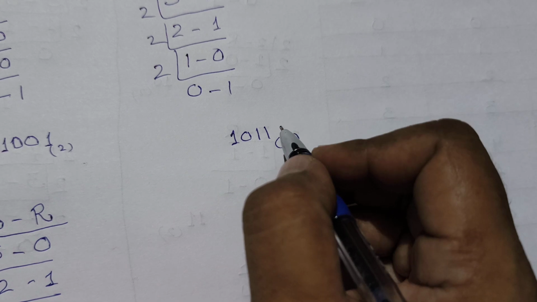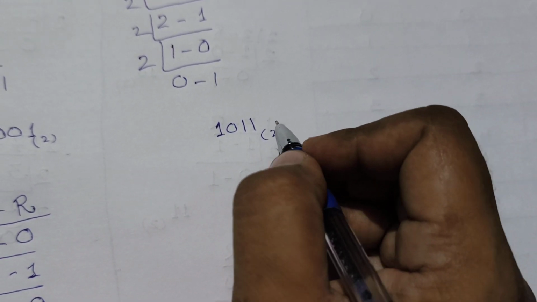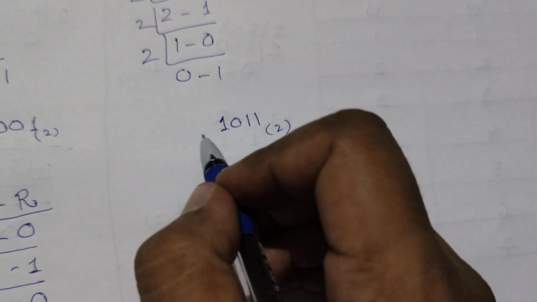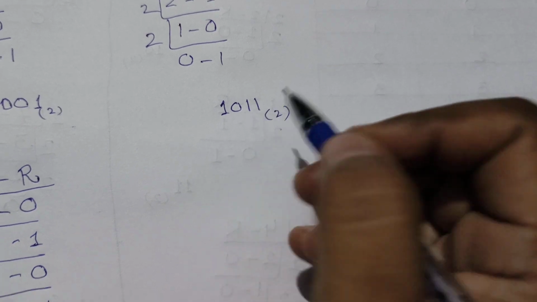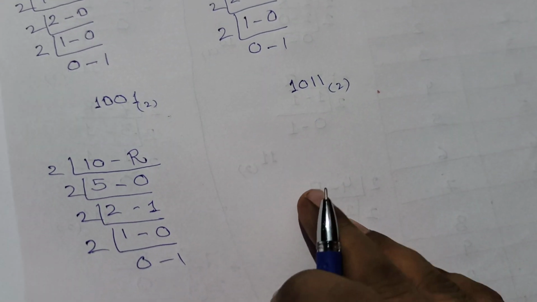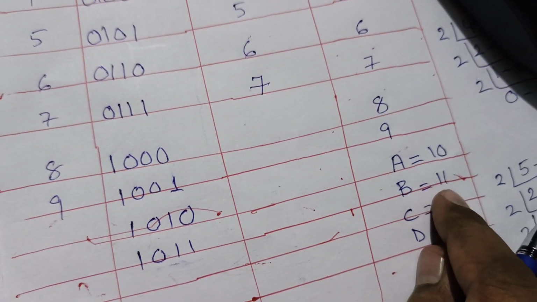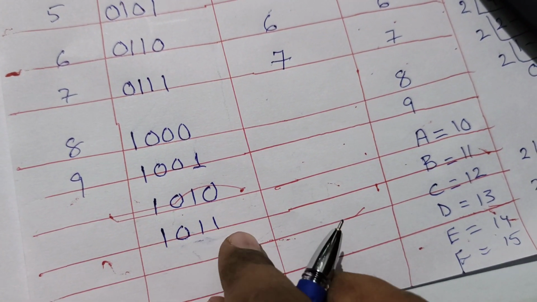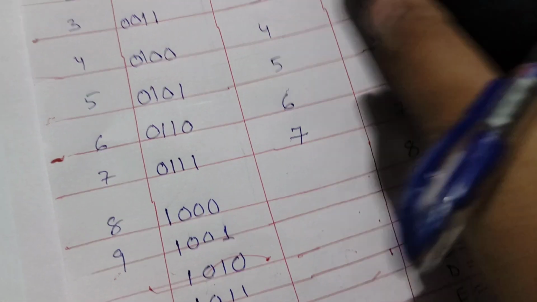So the right side value is known as least significant bit, and the left side value, the leftmost digit, is known as most significant bit. The value of 11 is 1011. Here we will write 1011. Now we have to find out 12, 13, 14, 15.